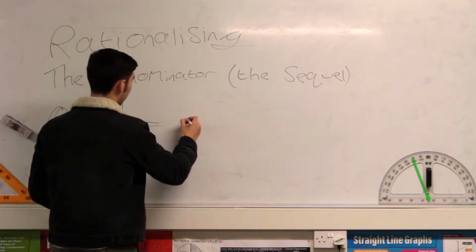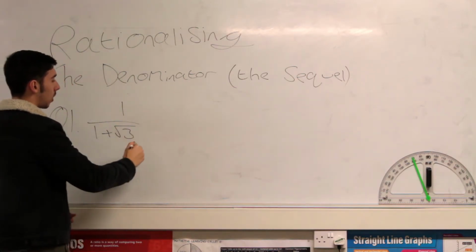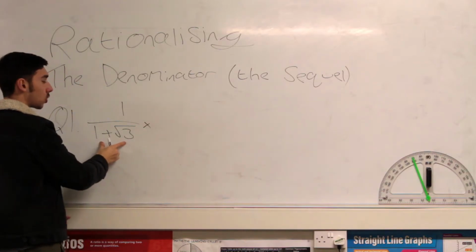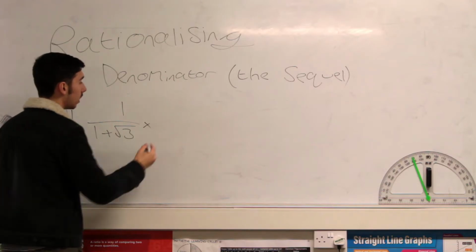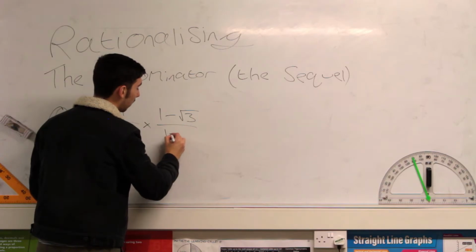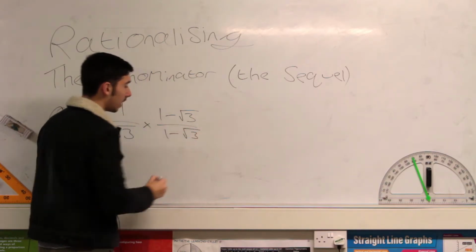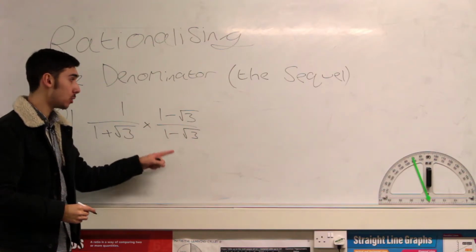So let's try it. Let's times both sides by, this would be called the conjugate of 1 plus root 3, 1 minus root 3 over 1 minus root 3. Again, that's equal to 1, so it's not changing the number by doing this.